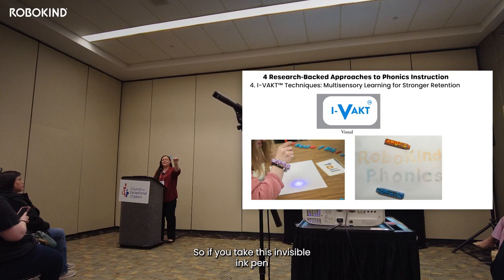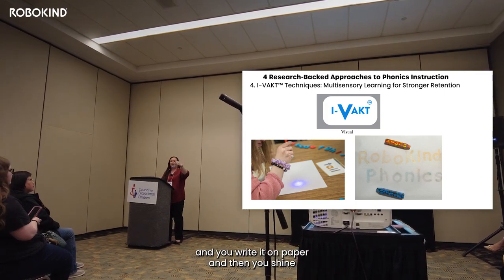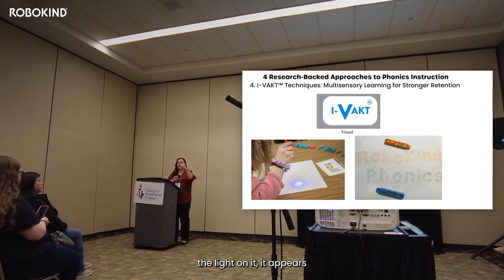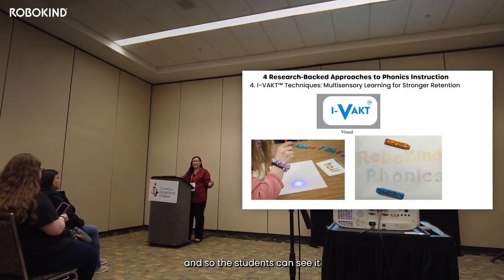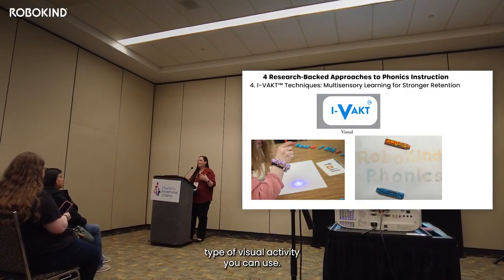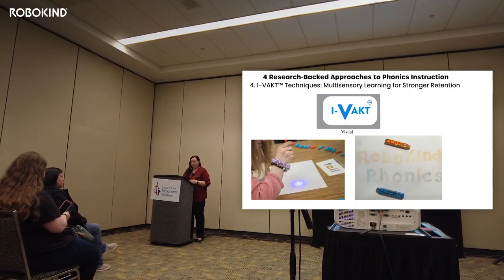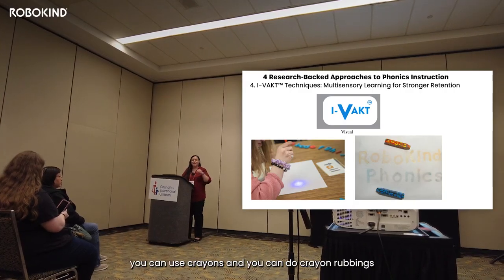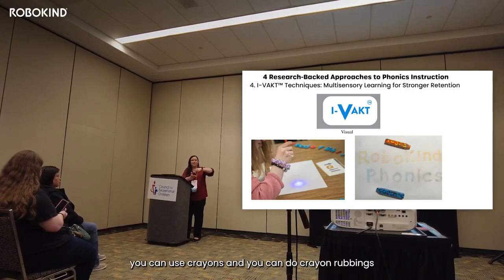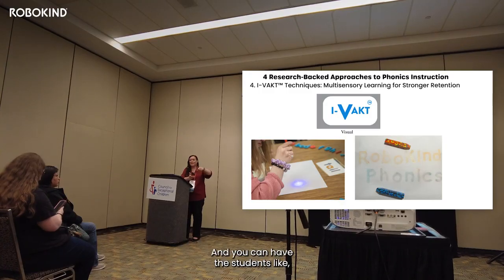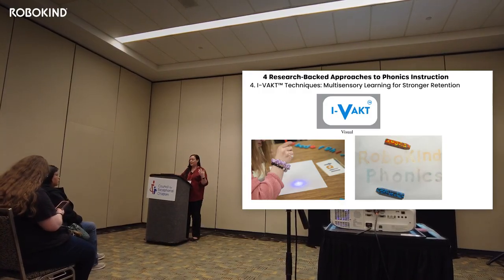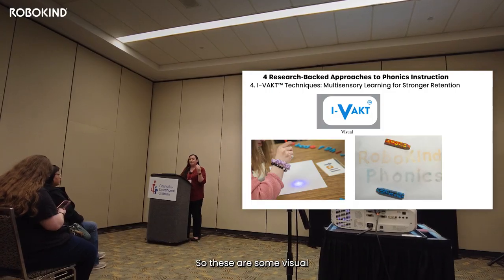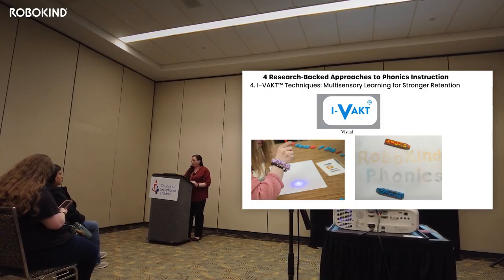If you write with an invisible ink pen on paper and then shine the light on it, it appears, and so the students can see it. Another idea is crayon rubbings over top of the letters, so students see them get revealed along the way. So these are some visual activities you could try.